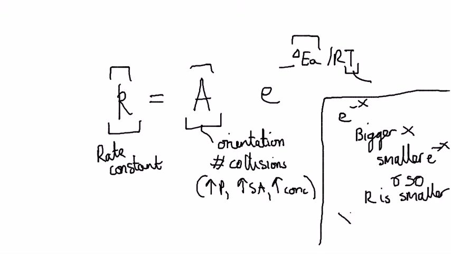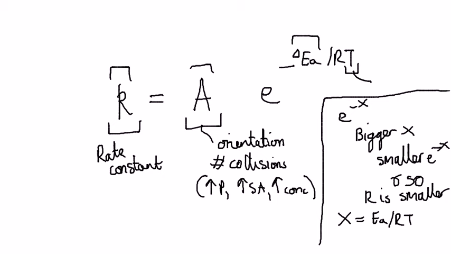So the bigger x, the smaller the rate of reaction. So if the activation energy is big, the rate of reaction is smaller. That makes sense. Fewer particles can overcome the energy barrier.